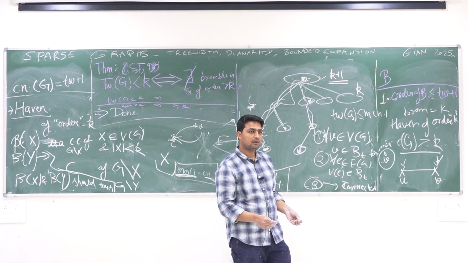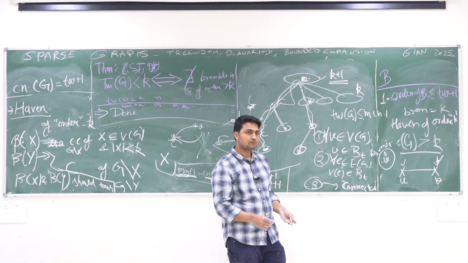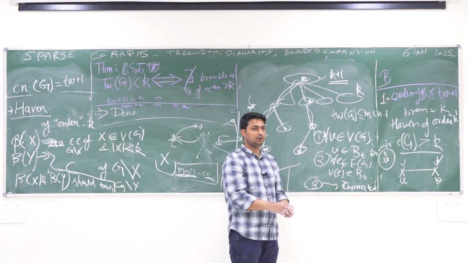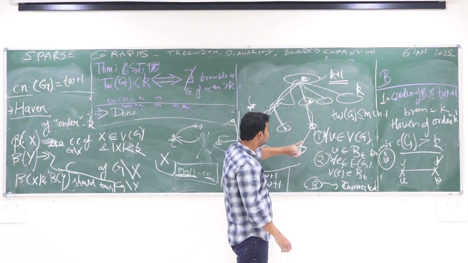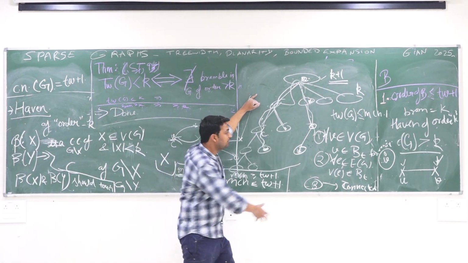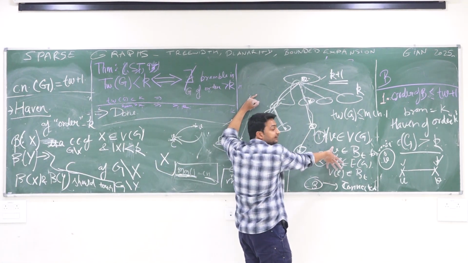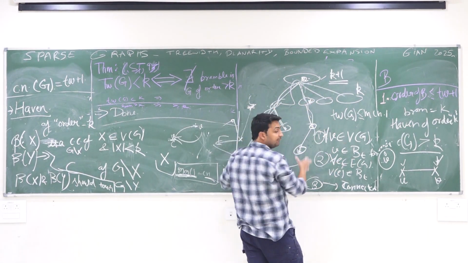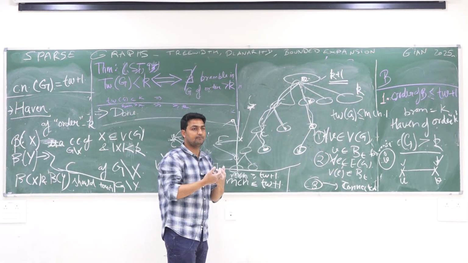So you are putting that monotonicity requires connectedness. If this strategy needs to be monotone, this gives us a tree decomposition. Whatever my shootings were, they will give me a tree decomposition.